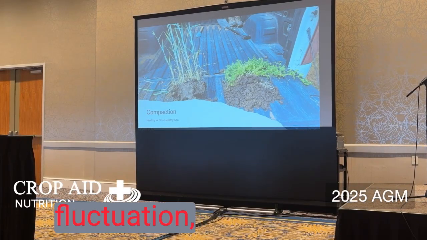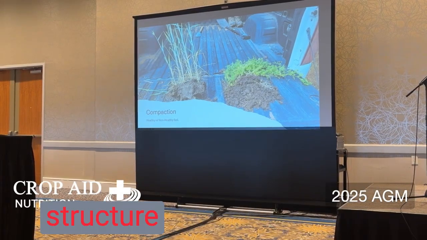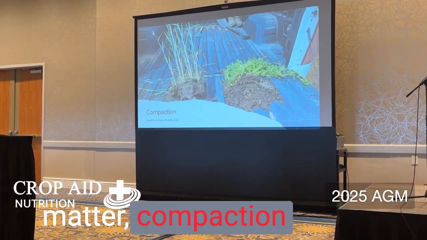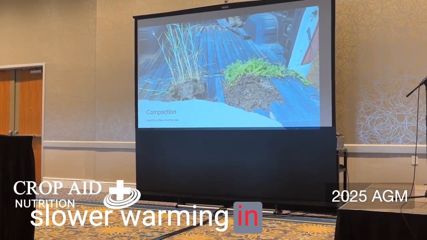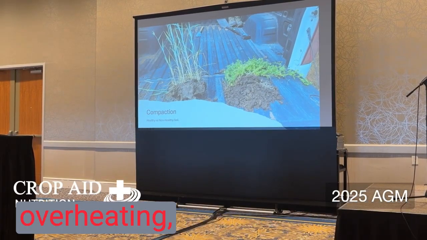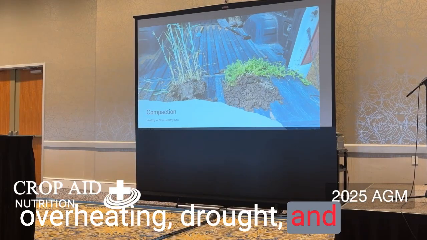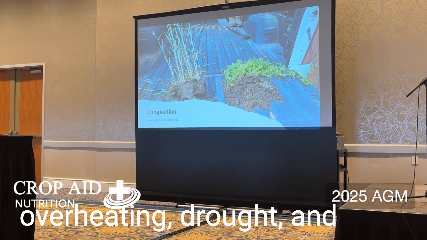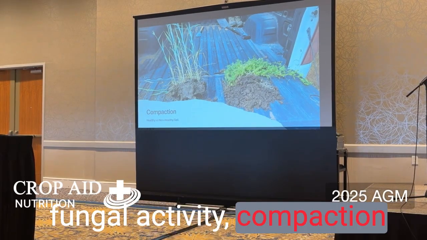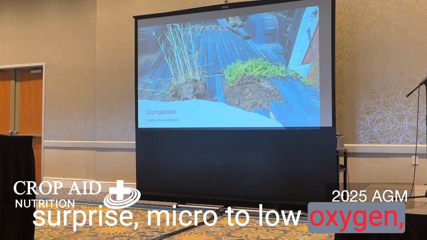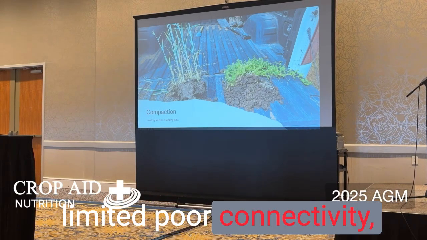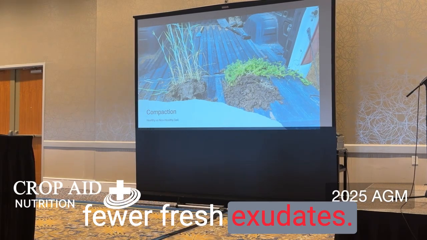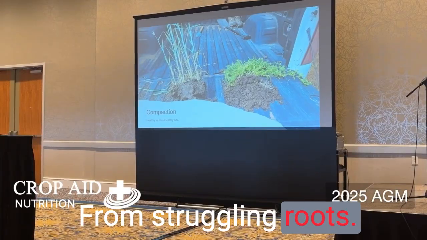Higher soil temperature fluctuations. Due to pore structure and lower organic matter, compaction leads to slower warming in spring, faster overheating during drought, and it stresses the crop. Reduced microbial and fungal activity: compaction suppresses microbes due to low oxygen, limited pore connectivity, and fewer fresh exudates from struggling roots.